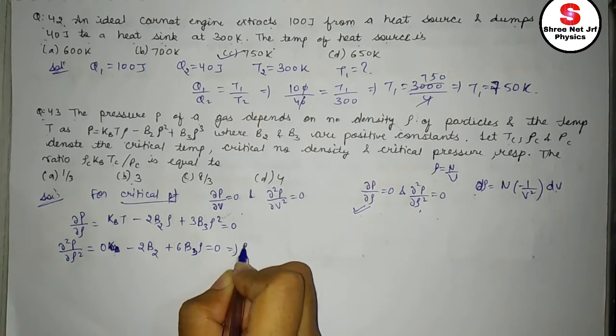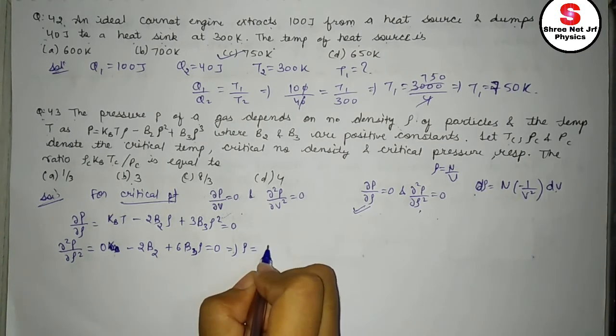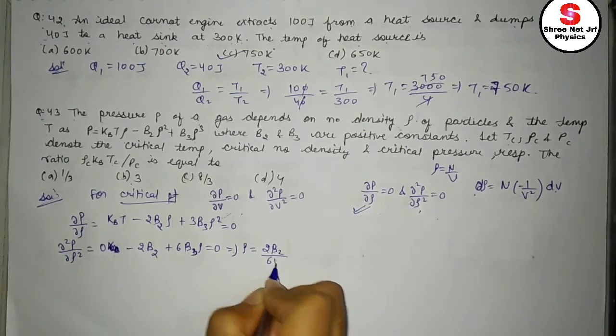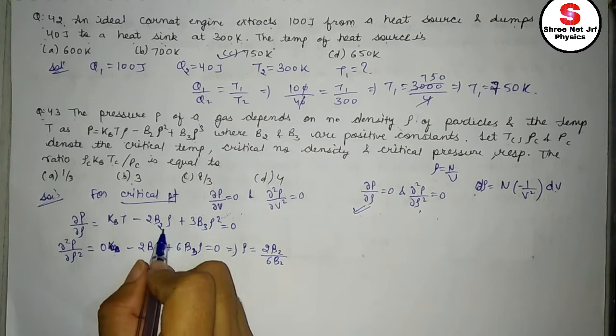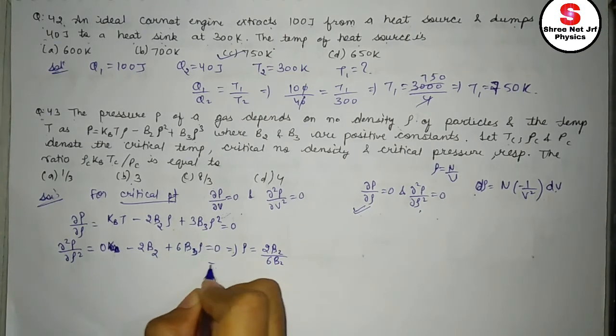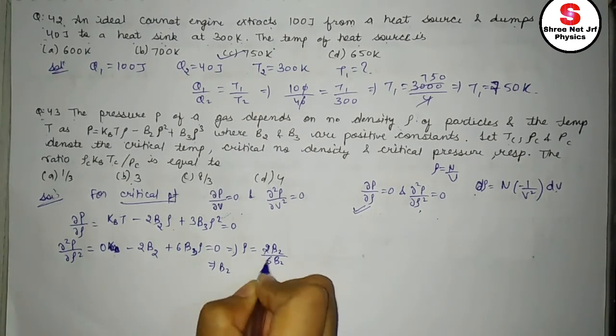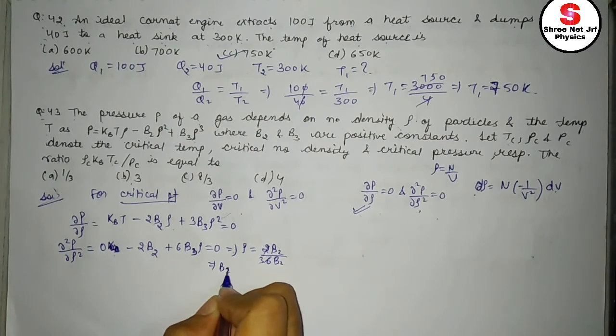That means ρ equals 2B2 divided by 6B3. If I just find one of these constants, B2 or B3, let's take B2.